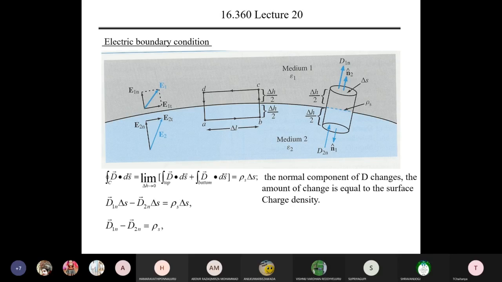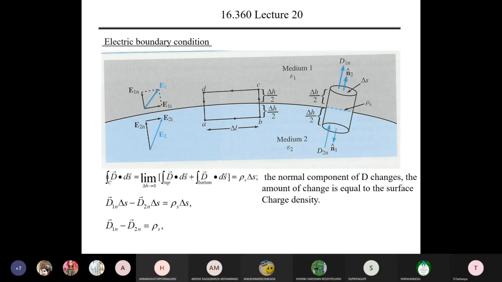This is the normal value belonging to medium 1, E1n, normal to the plane of medium 1, and E1t is tangential to the plane of medium 1. The net value for medium 1 is E1, which is E1n plus E1t.